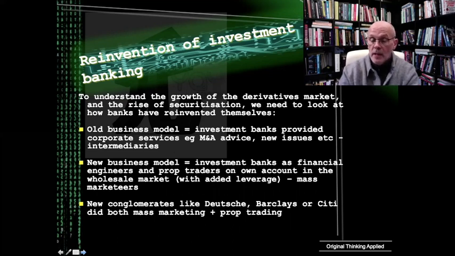So this means that instead of working for clients, they're now working to generate their own profits by trading on their own accounts. And they are borrowing huge amounts of money in order to be able to do that. So if they are investing, let's say, 10 million in something, they would borrow 50 to 60 million in order to leverage their trades and make more money.